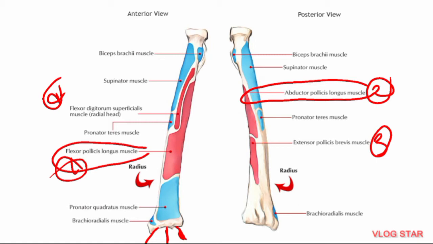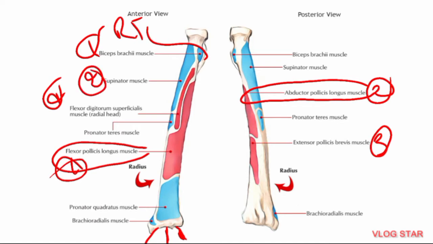And let's see the inserted muscles of the radius. These are biceps brachii, the first insertion, which is on the radial tuberosity. The supinator muscle is also an insertion.